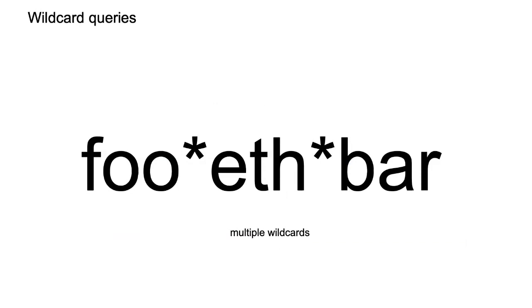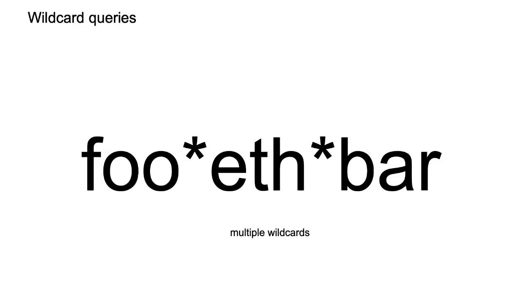Okay, then we looked at wildcard queries, which contain these asterisks in the middle. So you might have multiple wildcards also in the same query. Of course, we started with the easy ones, right? So the easy one is when you have a wildcard at the end, and then we saw it's just a prefix search in the B plus tree. So if you have a hash table, of course, that will not work. You cannot process this.